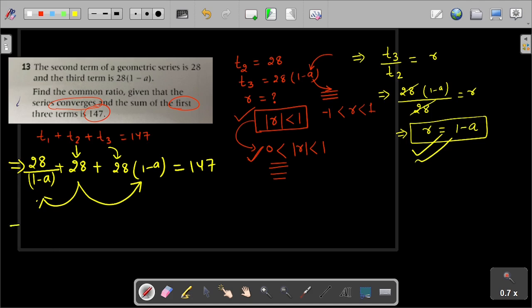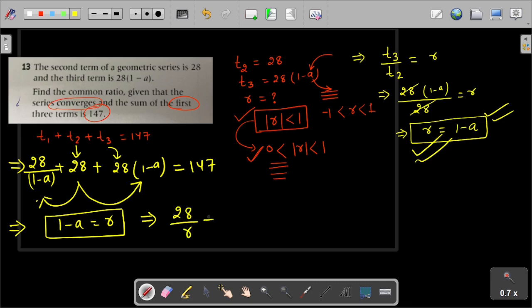So in this equation, now you can see a is the only variable, so from here we can find a. Let us suppose 1 − a is equal to r. This is actually the case also, 1 − a is basically r. So this equation will modify as 28/r + 28 + 28r = 147.